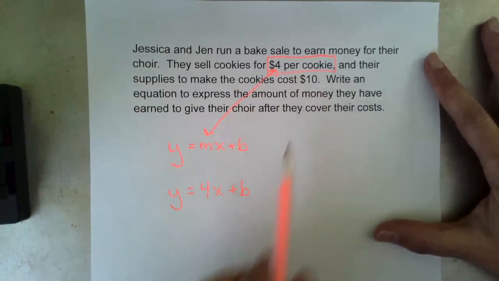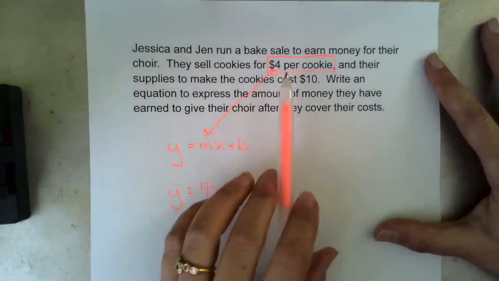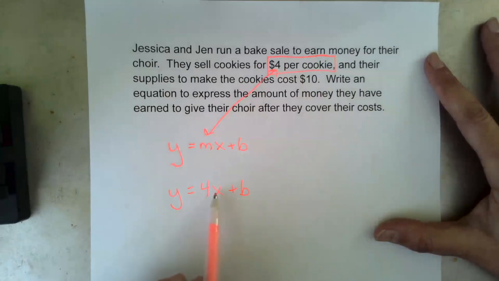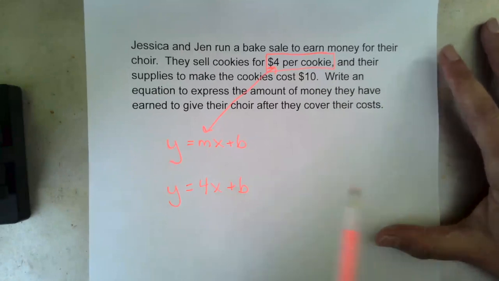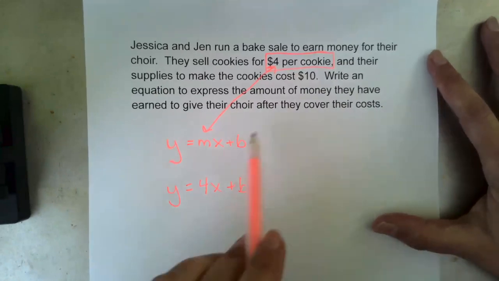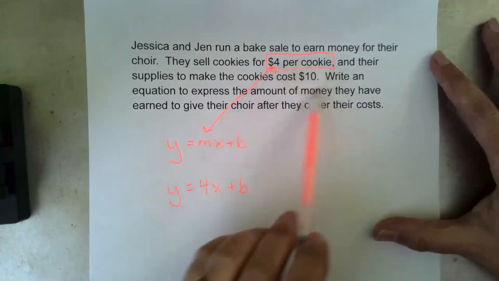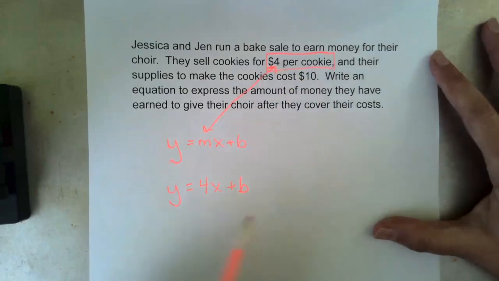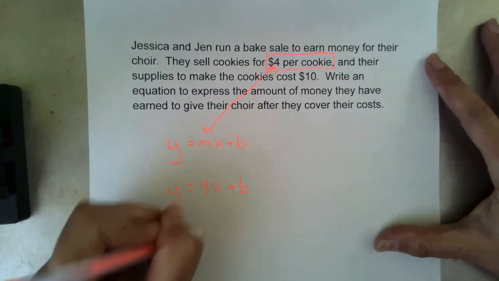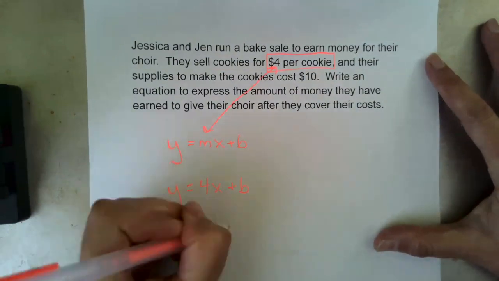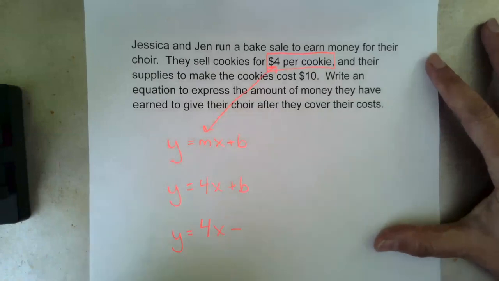But if that were the case, if I put 10 in here, then that would indicate that after they sold one cookie, 4 times 1 is 4 plus 10, that they would have $14 to give their choir. Now we know that that's not true because they started having spent $10. So in this case, our b, the place we're starting from, is negative.